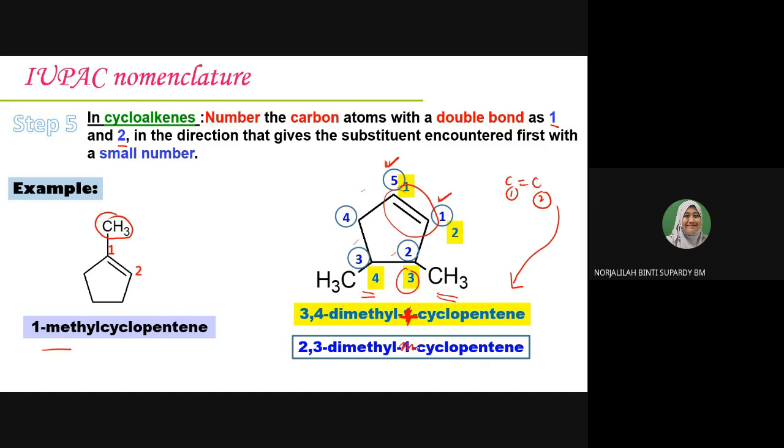Just combine together, so the nomenclature will be 3,4-dimethylcyclopentene. So this one is correct.